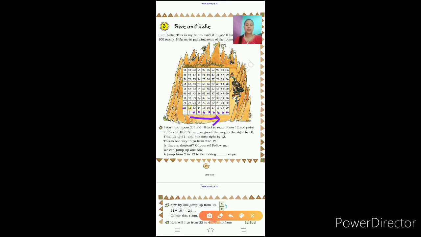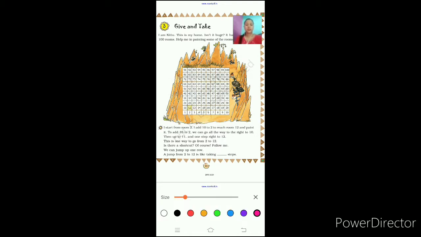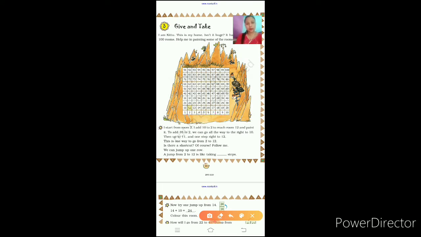Or the second method is to count the number of rows. 1, 2, 3, 4, 5, 6, 7, 8, 9, 10. So there are 10 rows or 10 columns.